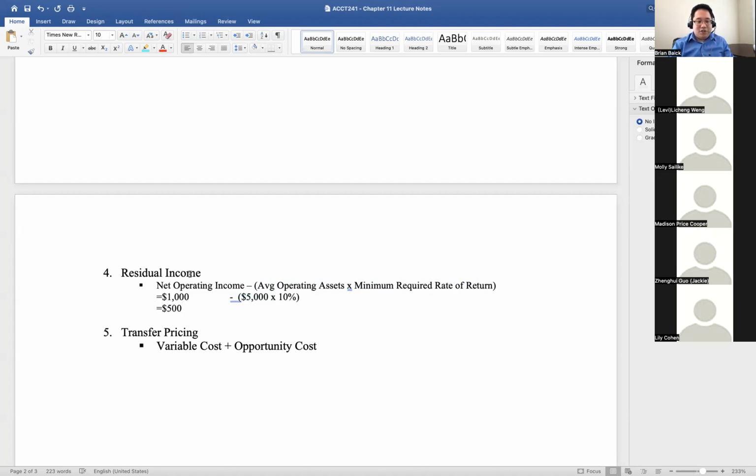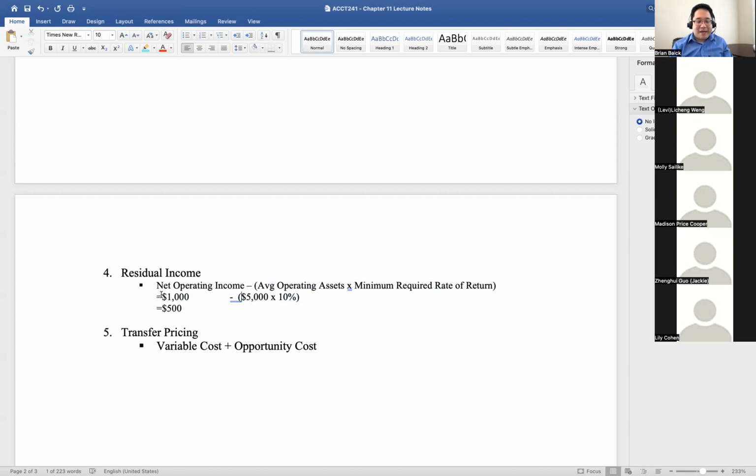In other words, residual income means how much extra are you making? Net income, you made $1,000, but this part here is like the minimum I'm expecting, right? You have $5,000 of assets, and you have to make at least 10% return on what you have. You're working with $5,000 worth of assets, and I expect at least a 10% return.